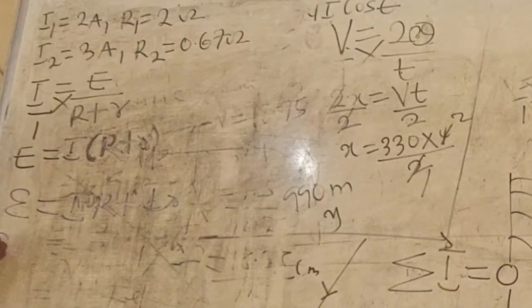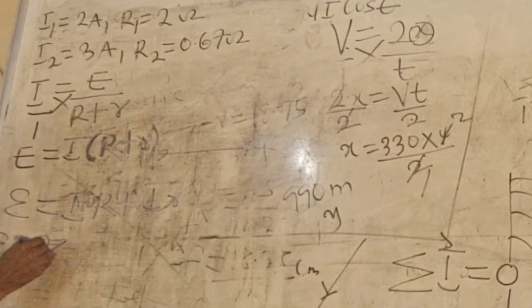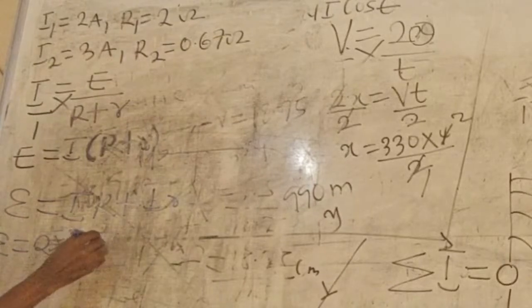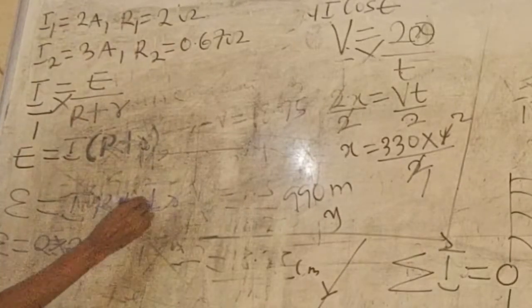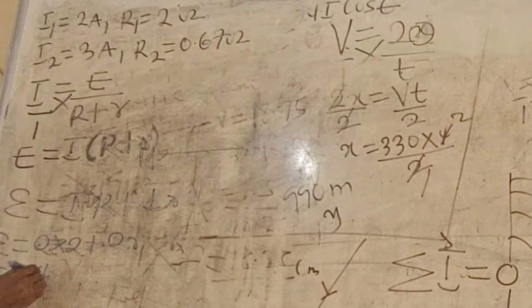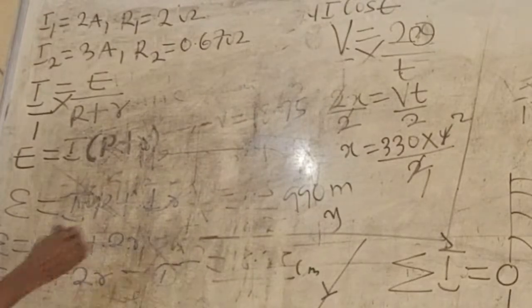So E here becomes the first current 2 times the first resistor, that's 2 also, plus the first current 2 times internal resistance. So here we have E is equal to 2 times 2 becomes 4 plus 2r. Make this one equation 1.